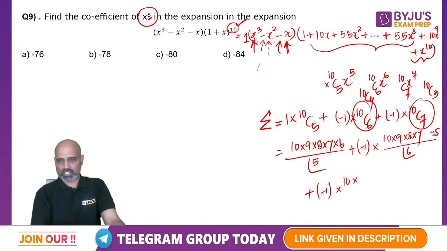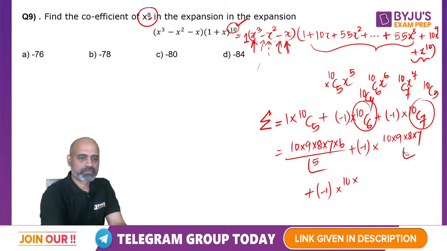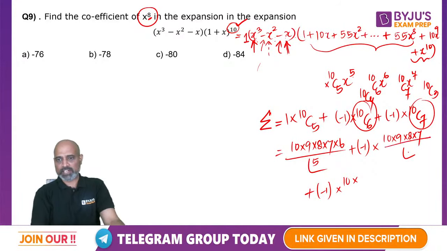To make the calculation easier, that's the only thing. So 10 into 9 into 8 into 7 by 4 factorial, and 10 into 9 into 8 divided by 3 factorial. From 5 factorial, 10 will go away, 5 into 2, and 6 and 4.